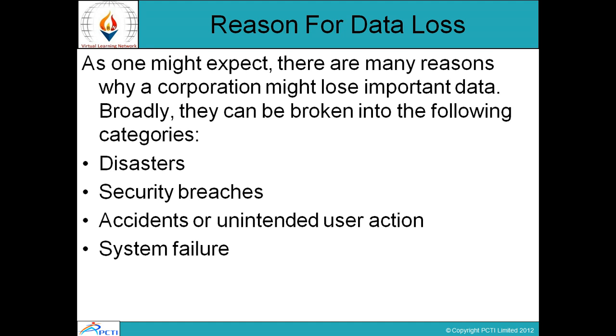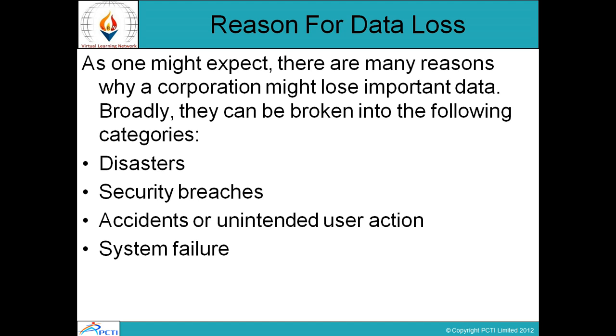Next is accidents or unintended user action. Accidental data loss is one of the most common data loss scenarios. Users are often the culprits, deleting, overwriting and misplacing critical files or emails, even without knowing they have done so.